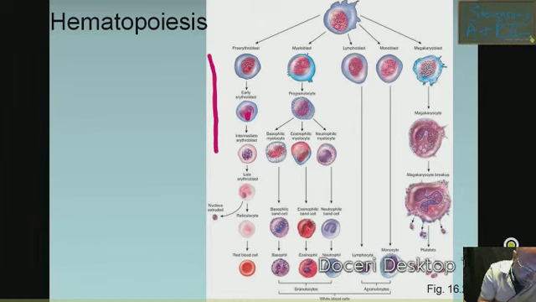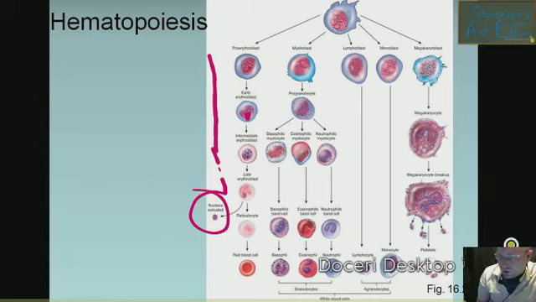The late erythroblast has a nucleus that is basically no longer needed, so it is ejected, or what's called extruded. After that, you have a reticulocyte, and that reticulocyte will then become your mature red blood cell.